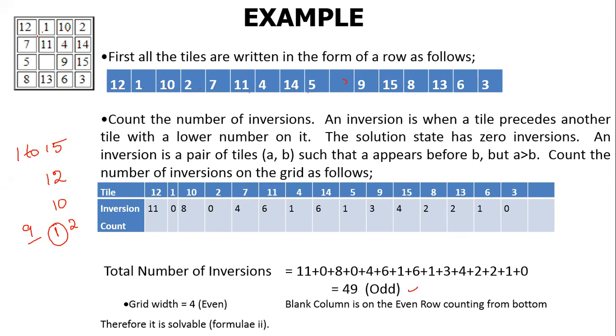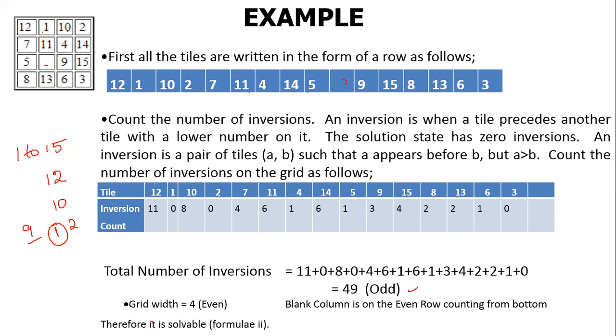So here the grid width is even. What are the two conditions? The grid width is even, the total number of inversions is odd, and the blank row is counted from the bottom. This is in the second row, that is an even row.